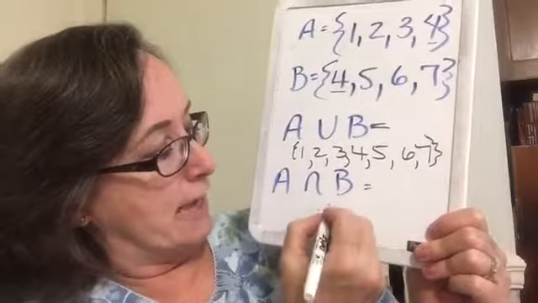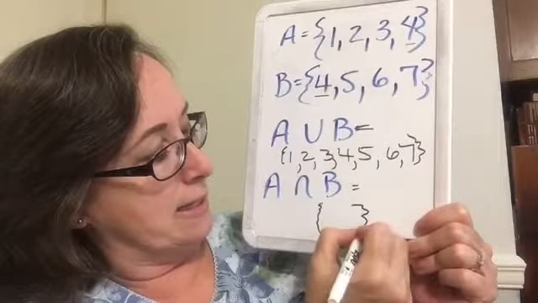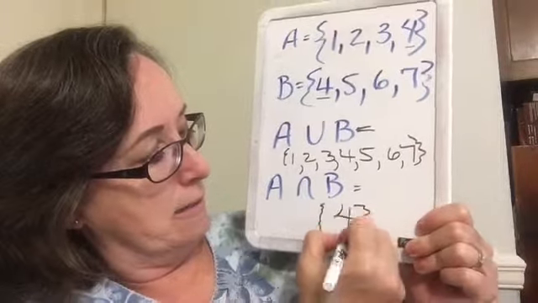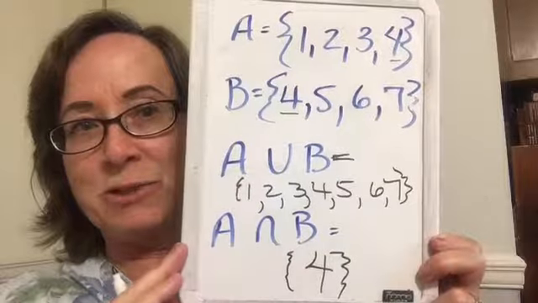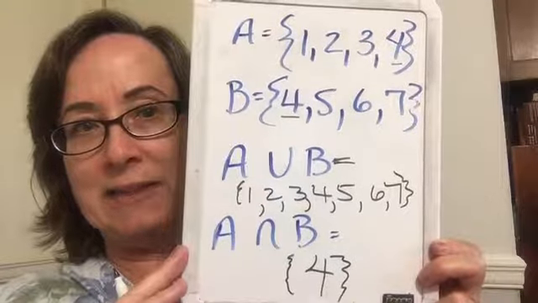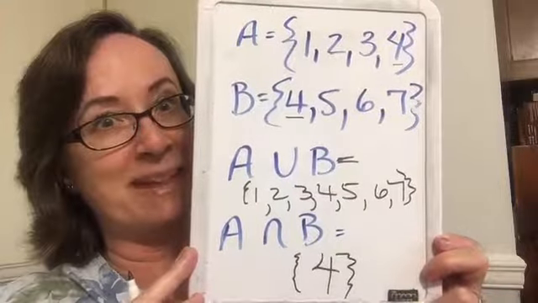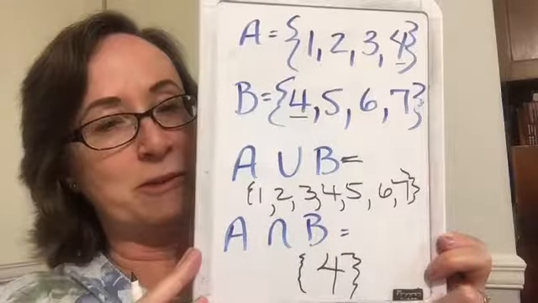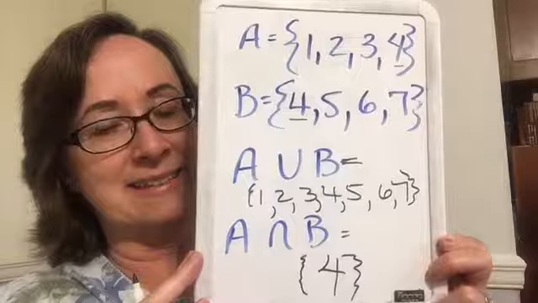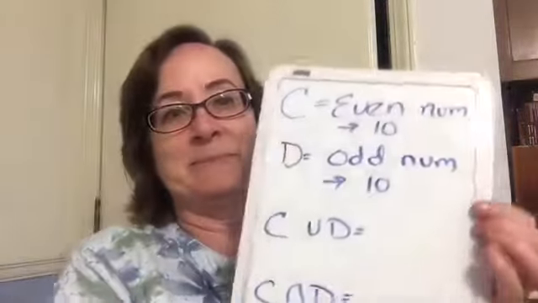So A intersect B is just the set 4. All right, so look at the board. See if you understand what's there. A union B and A intersect B do not look the same, do they? They're two different meanings. Right? Here we go on to board C.